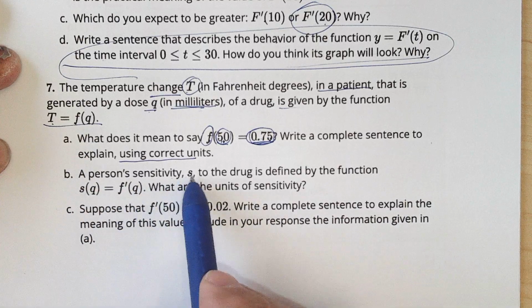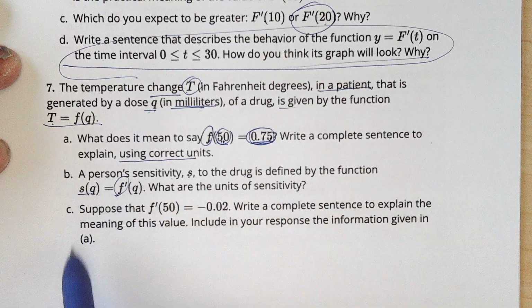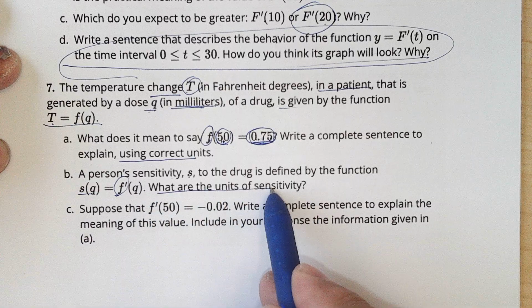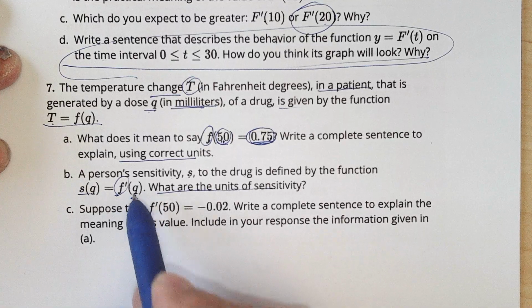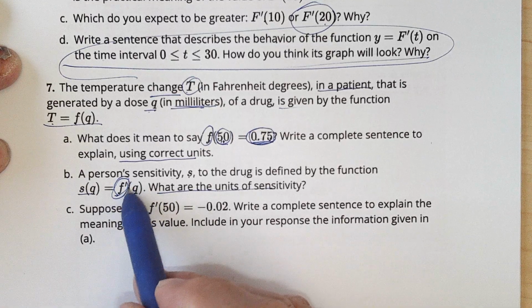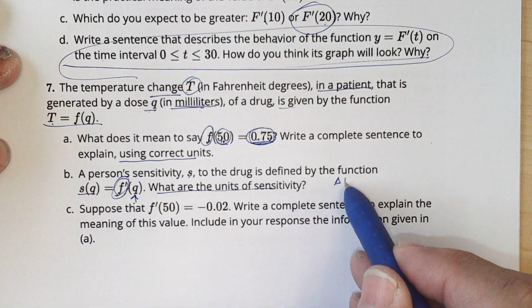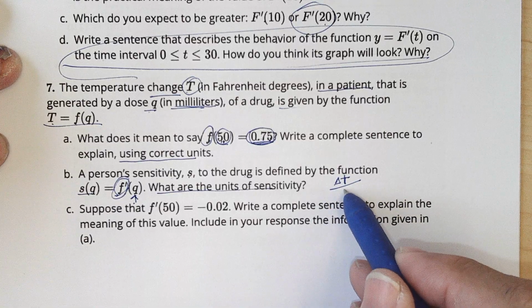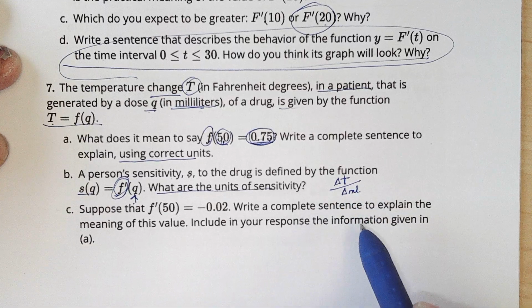A person's sensitivity to the drug is defined as the rate of change in the temperature. So what are the units of the sensitivity? So here we give milliliters, so this is still the milliliters, but the sensitivity is the change in the temperature per the change in milliliters of drug.